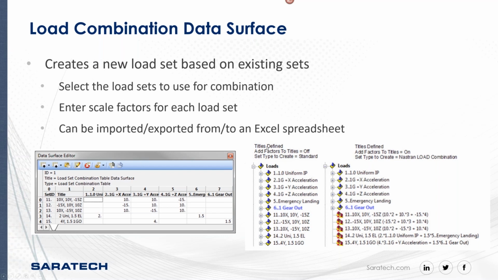So what this does is, using a tabular form or maybe an Excel spreadsheet, you can combine these loads together. Instead of manually creating them, we use the spreadsheet and it'll automatically list them out for you to do the new load sets. So this would be if you're doing it manually, and this is via the data surface editor.